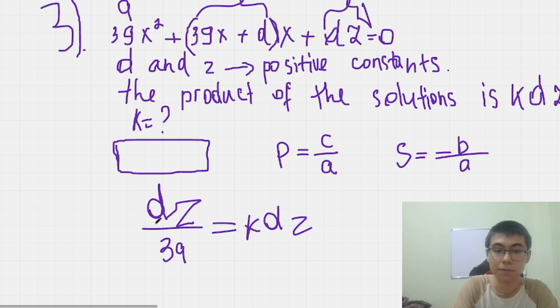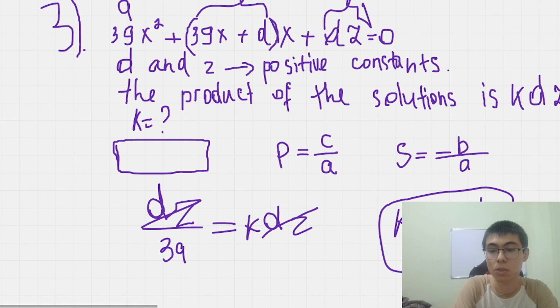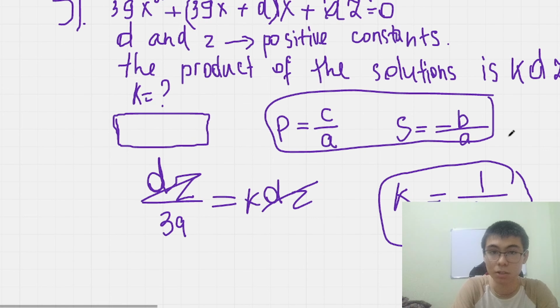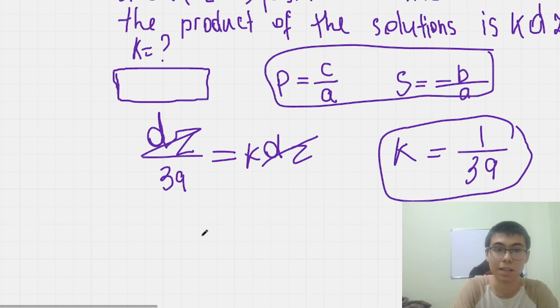So we have d and z on both sides so that we can eliminate those two. So we get k equals 1 over 39. So it's so easy if you know these two formulas. I highly recommend you to write them down or take a note of these things.